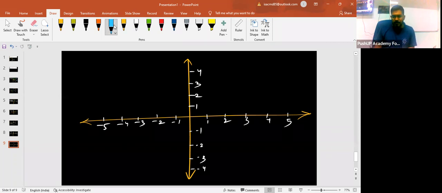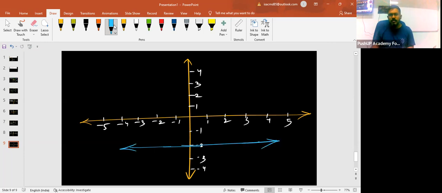Here is your line. This time I'm going to draw a line which is parallel to the x-axis. Imagine this is the line. What would be the equation? Y is equal to minus 2, right? I have a point over here, children. Imagine this is the point, point B, whose coordinates are minus 2 comma 4.